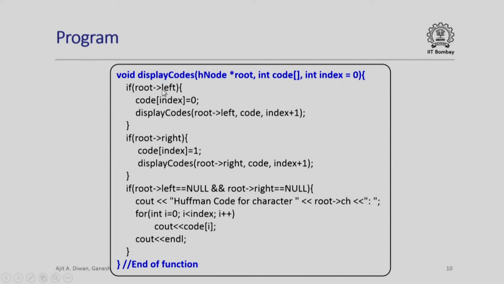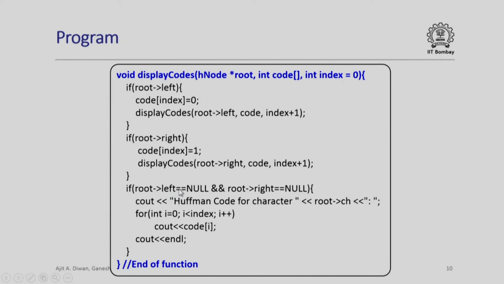If the left of the root exists, then code index is set to 0 and I display codes root left, code index plus 1. If root right exists, then code index is set to 1 and we display codes root right, code index plus 1. Here is the main thing.